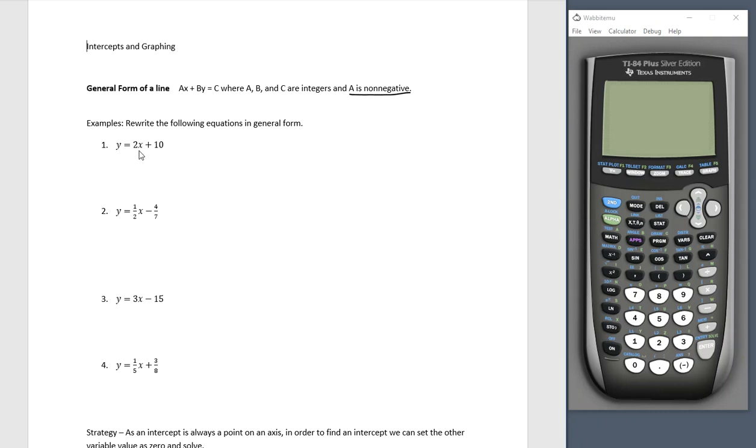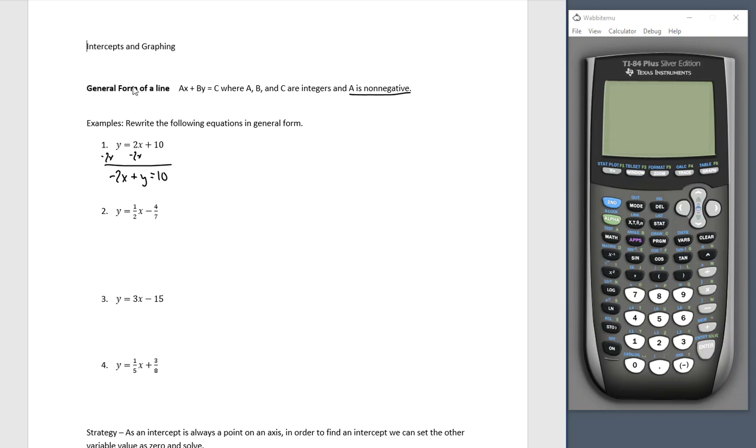So the first thing I'm going to do is subtract 2x from both sides. And when I do so, I get negative 2x plus y equals 10, which looks amazing, except a cannot be negative.